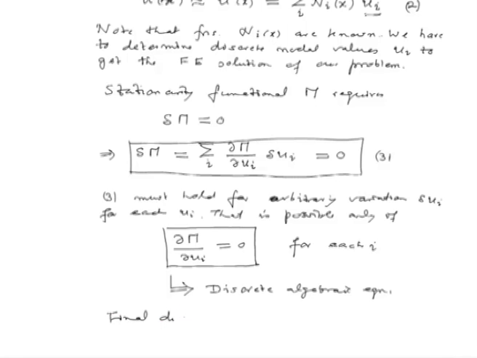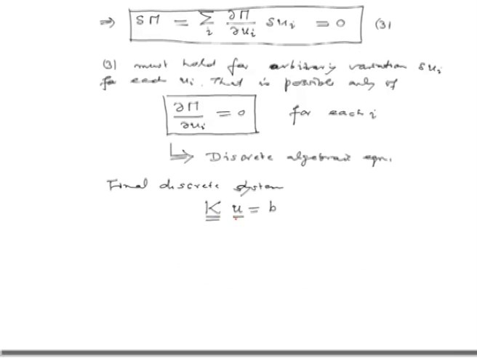So, the intermediate steps would be similar to what we earlier looked at in weighted residual analysis. One final discrete system would be K u is equal to B, where K is the system matrix, u is the vector of unknown quantities, and B is our right hand side. So, this is in a nutshell the basic variational finite element formulation.